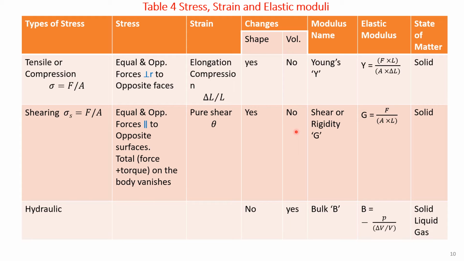It gives the shear rigidity represented by capital G. The third case is that of a hydraulic stress. In case of a liquid, there is no change in shape but volume changes, and its modulus is the bulk modulus B, given by the relation B is equal to minus P by delta V by V. This can be applied for solids, liquids and gases, whereas tensile, compression or shear stresses are applied only to solids.